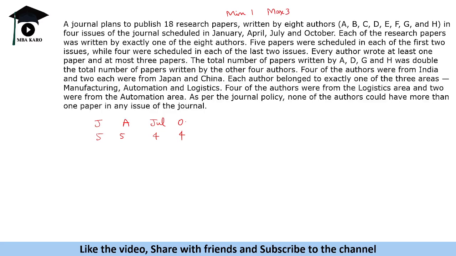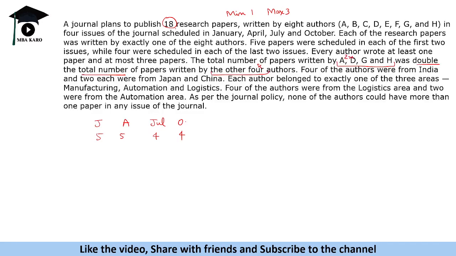The total number of papers written by A, D, G, H was double of the total number of papers written by the other 4. So A, D, G, H is double of the other 4. Now total 18 papers are written. So let us say the other 4 wrote X papers. So A, D, G, H will be 2X.